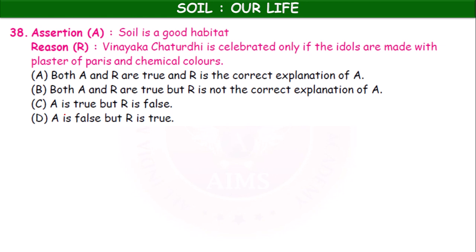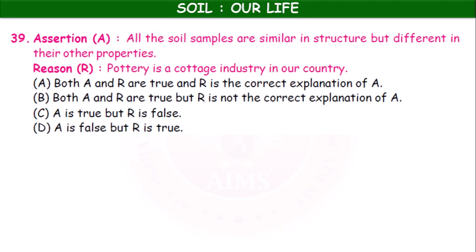Assertion: soil is a good habitat. Reason: Vinayaka Chaturthi is celebrated only if the idols are made with plaster of Paris and chemical colors. Here assertion is true, whereas reason is 100% wrong. So assertion is true, but reason is false.